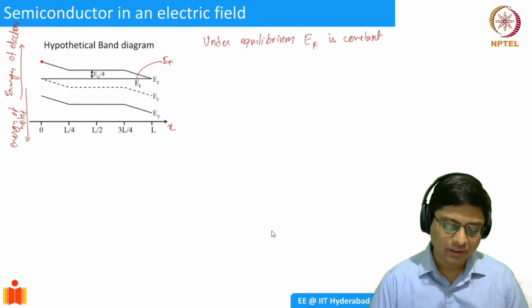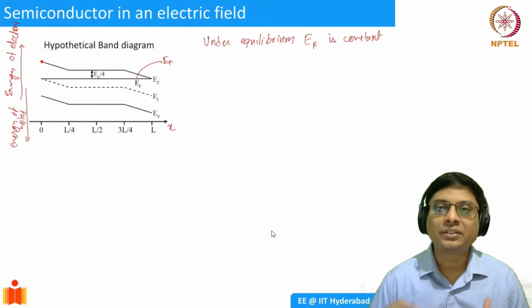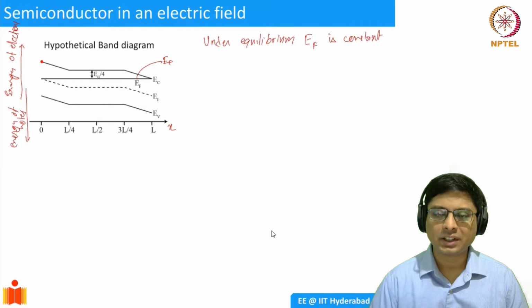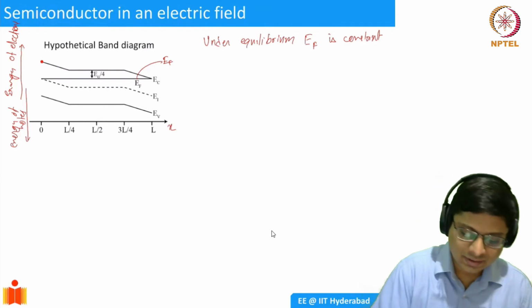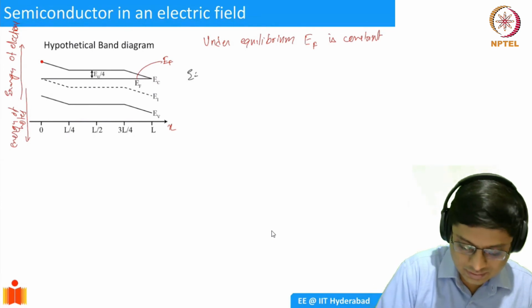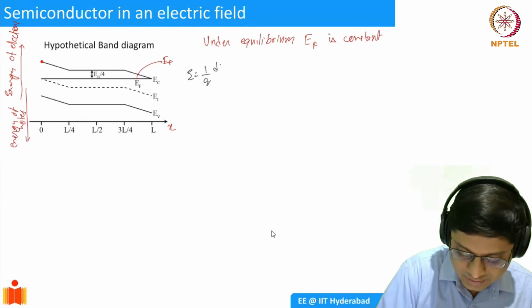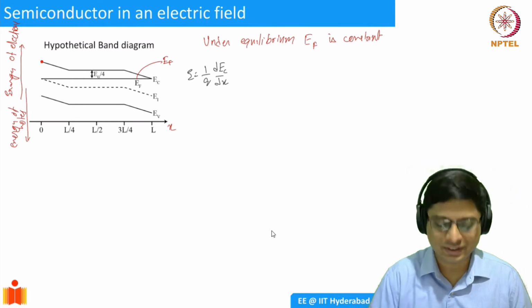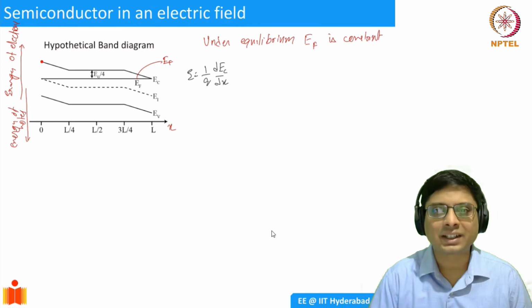So, okay, fine. Now, what is the electric field across this structure? How do we analyze that? We said that the electric field is always going to be 1 over Q times dEC by dx. Sometimes I'm using E and sometimes Q for the charge of the electron, because when I write E, it can be confusing with the electric field.